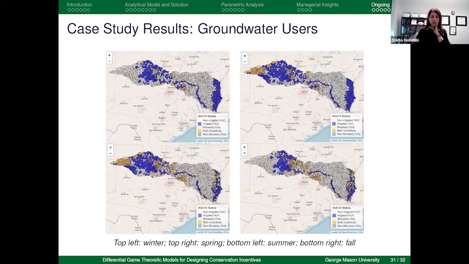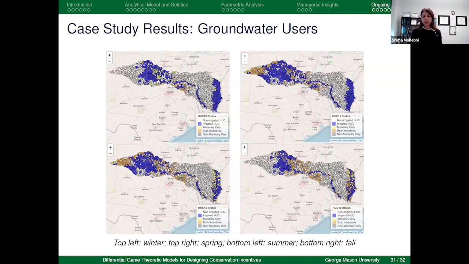In this figure, for groundwater users, the HUCs, or hydrologic units, are color-coded. Blue represents HUCs using water for irrigation during each time interval in each season, and yellow represents HUCs or water users expected to accept only the monetary incentive, so the leasing option by the NGO.